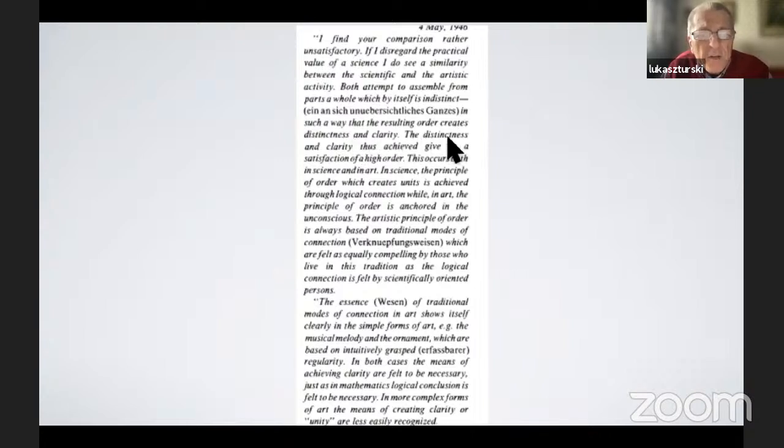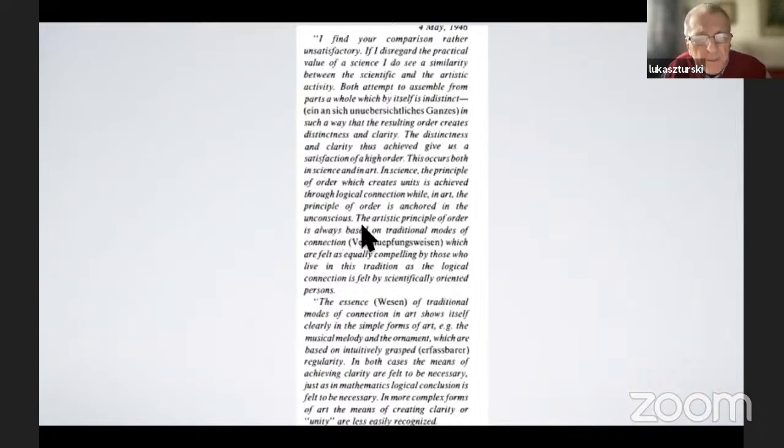"The distinctness and clarity thus achieved give us a satisfaction of a higher order. This occurs both in science and in art. In science, the principle of order, which creates units, is achieved through logical connection, while in art, the principle of order is anchored in the unconscious.